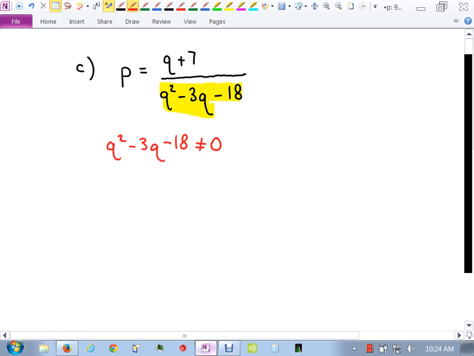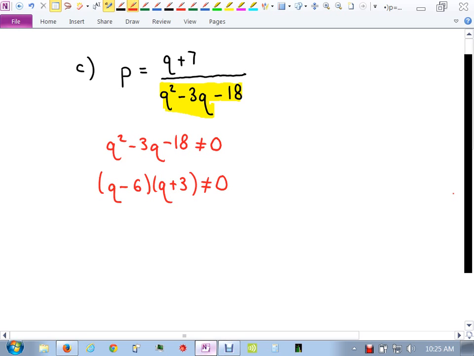Quadratic formula, right? Now, I'm going to go ahead and do guess and check or AC method. I'm not even going to show it. I'm just going to go to the factored form of the left side now. So the left side should factor to be (q minus 6)(q plus 3) does not equal 0, right? That's what I want.